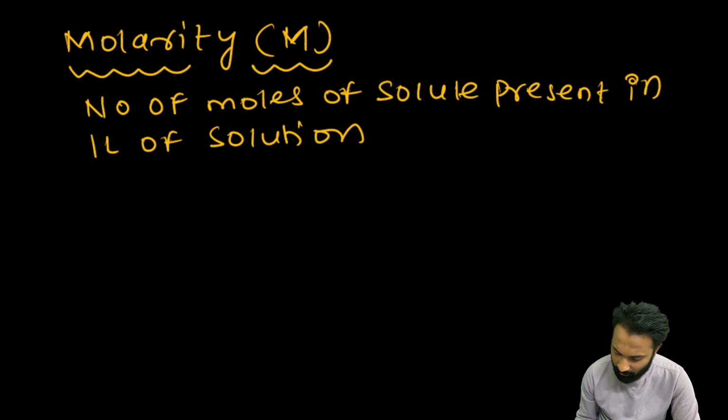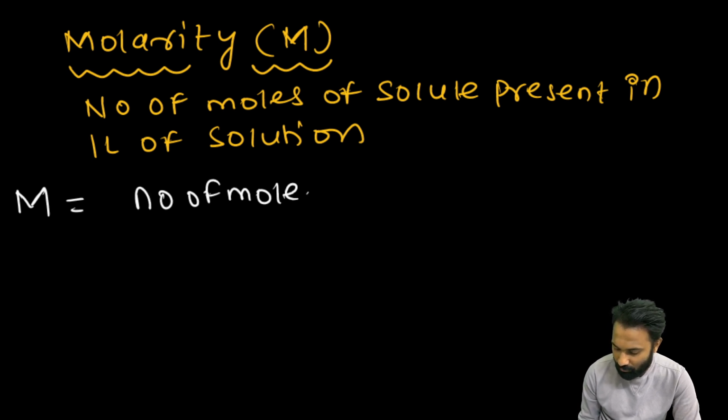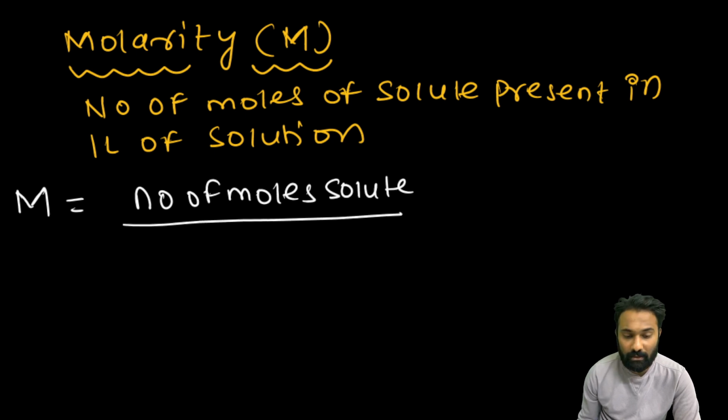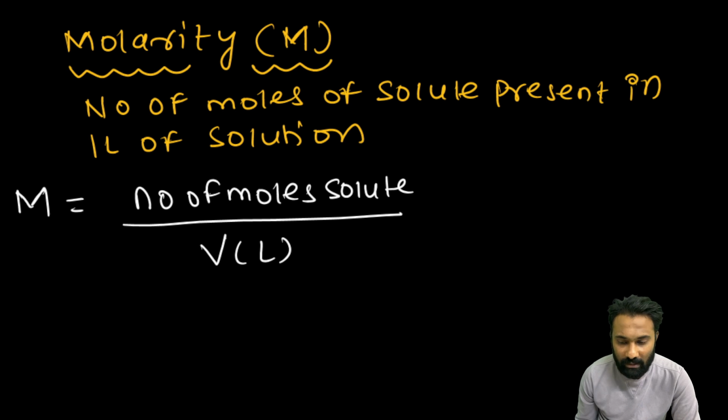So generally, if I want to represent it, molarity is equal to the number of moles of solute by V liters. Can I write? Number of moles of the solute in the V liters.